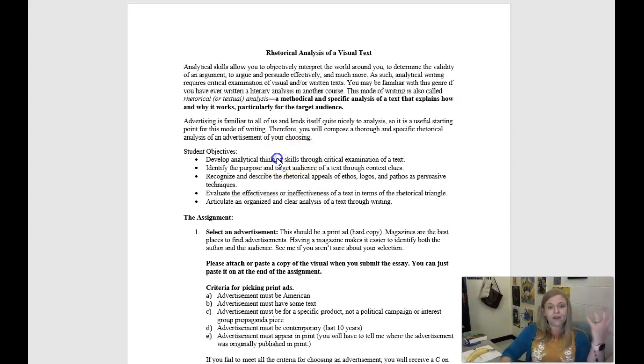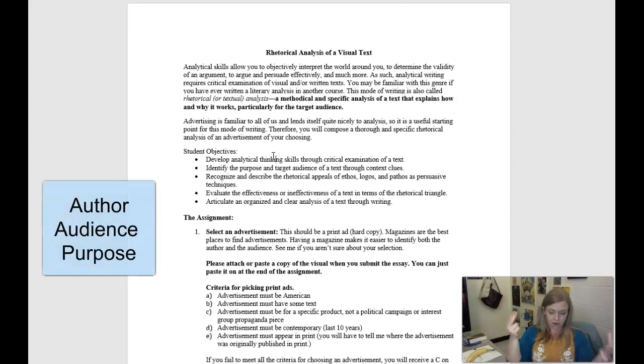So what are the objectives for this assignment? Develop analytical thinking skills. I want you to think by looking at a text. You can do that. And so you're going to look at three things first when you're looking at this advertisement. Who is my author? And that's almost always the company. Who is my audience? Who are they writing this for? That's based on a couple things, but a lot of times since we're doing advertisements, where did the advertisement come from?